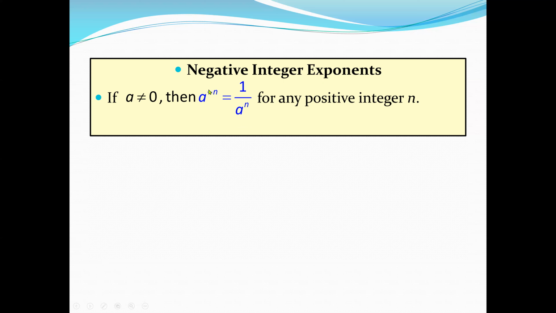So this means anytime we have a negative exponent, we find the reciprocal of that value or that expression and remove the negative. So for example, 5 raised to the power negative 2, the answer will be 1 divided by 5 raised to the power 2. So again, a raised to the power negative n, the answer will be the reciprocal of a raised to the power n, or 1 over a to the n.